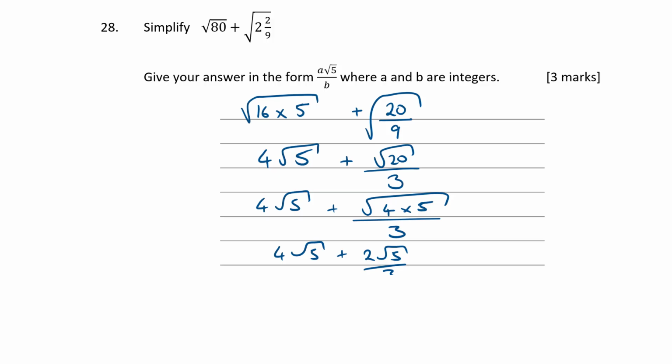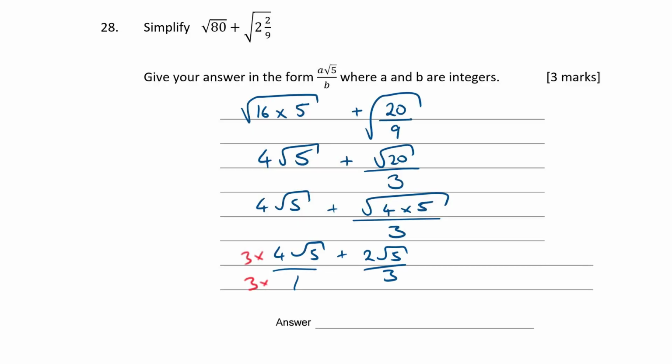Okay, so we're almost there. So what can we do about this fraction on the left? If I want to put this over a common denominator, if I take 4, it's 4 over 1 at the moment. If I multiply top and bottom by 3, then I'm going to get 12 root 5 over 3. So that is equal to 12 root 5 over 3 plus 2 root 5 over 3.